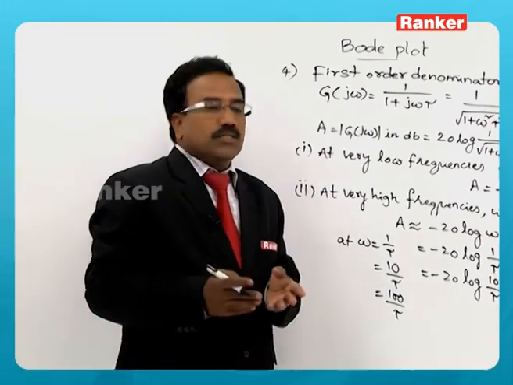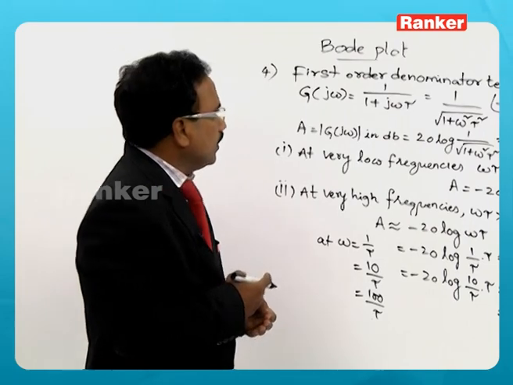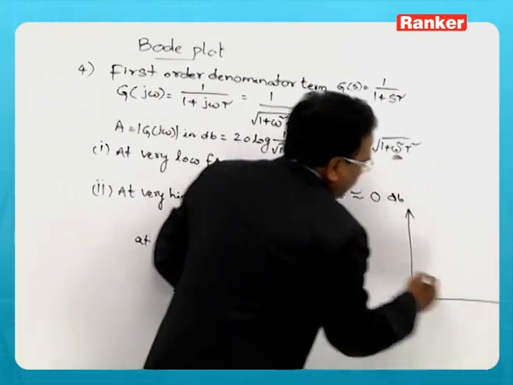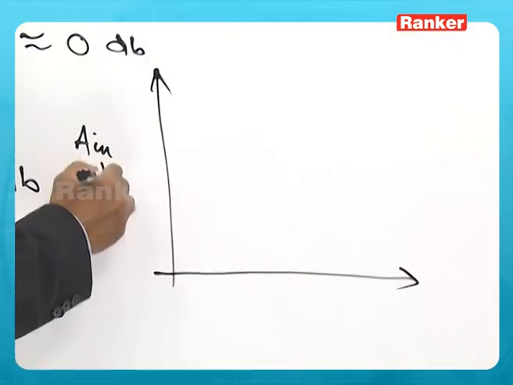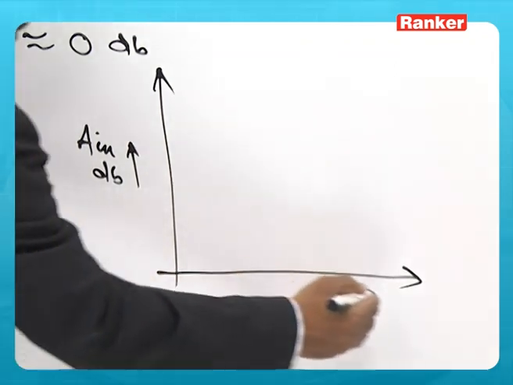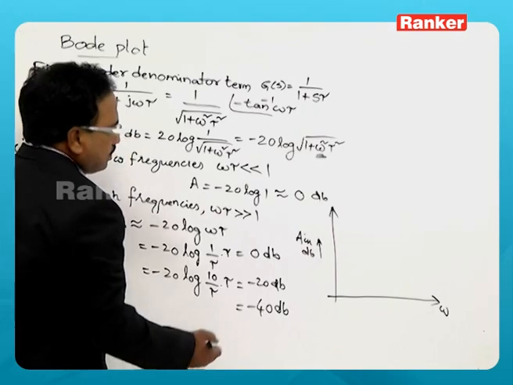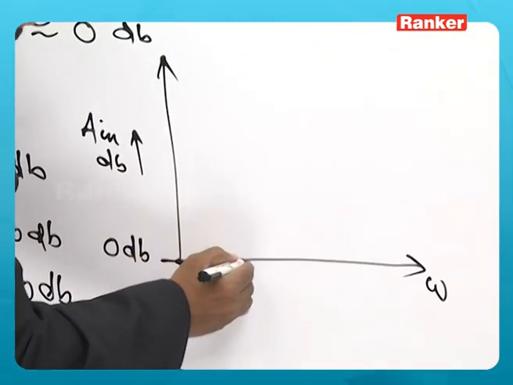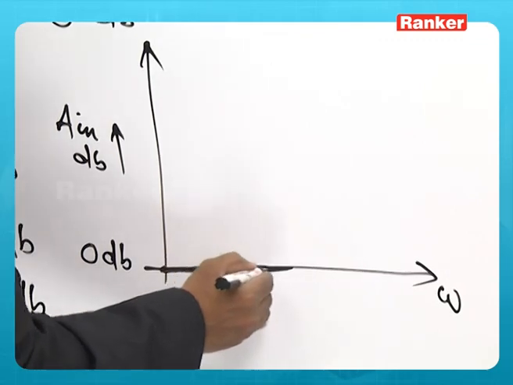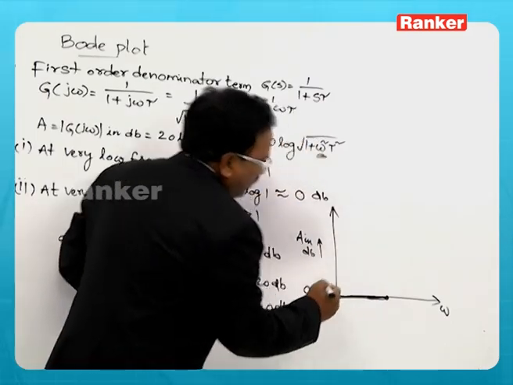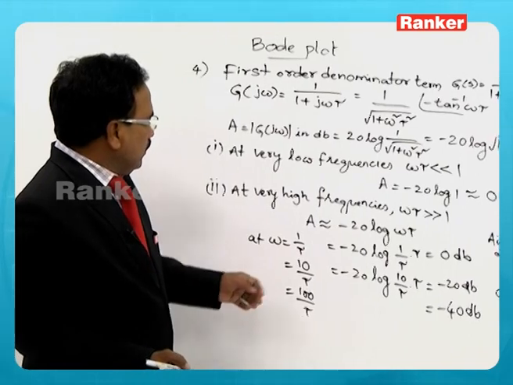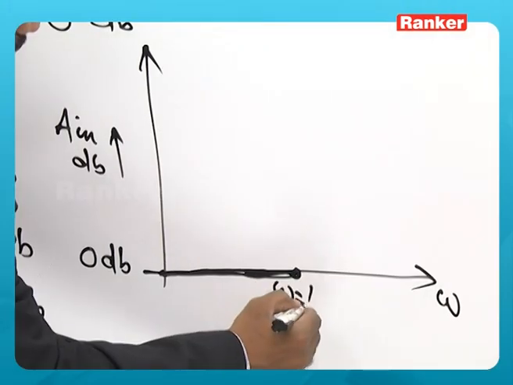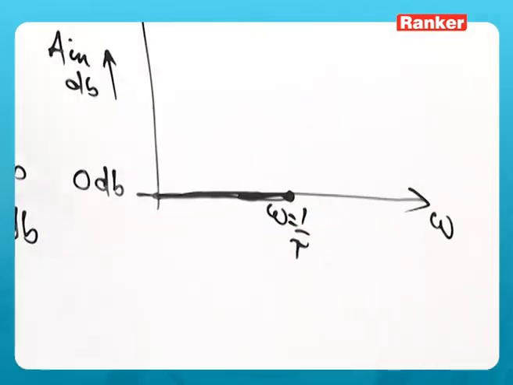So, if you try to draw the plot for this term, A in decibels and frequency on a log scale. Initially it is a 0 dB line. You can see that it is 0 dB, and at omega equal to 1 by tau also it is 0 dB. Say this is omega equal to 1 by tau, still it is 0 dB.